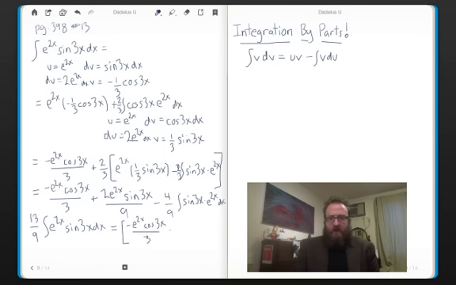So write everything out. We have negative e to the 2x times cosine 3x over 3 plus 2e to the 2x times the sine of 3x over 9.